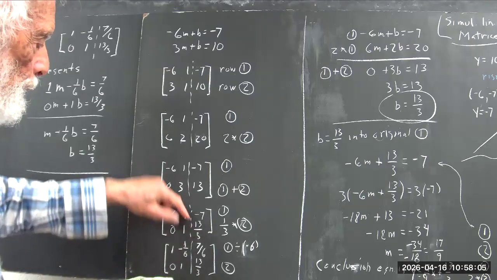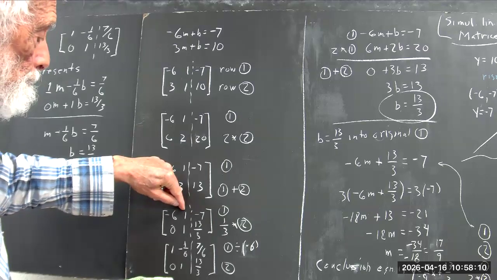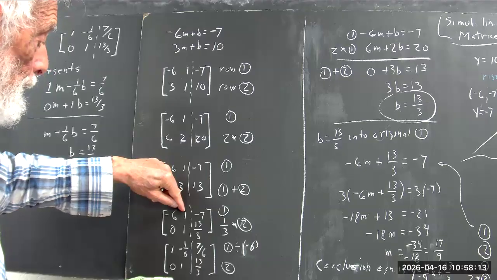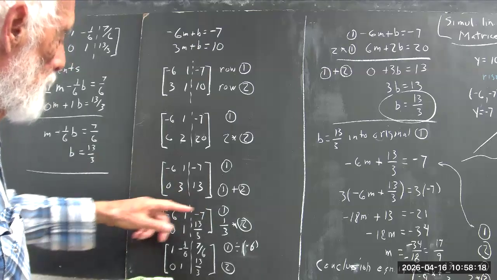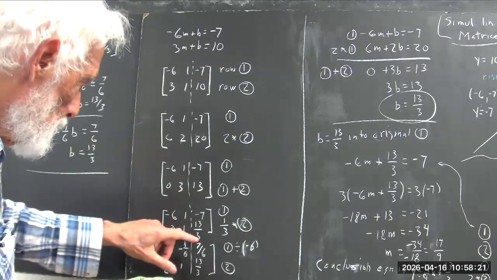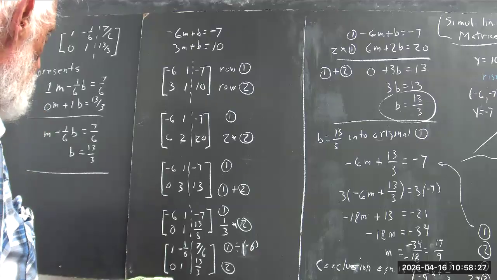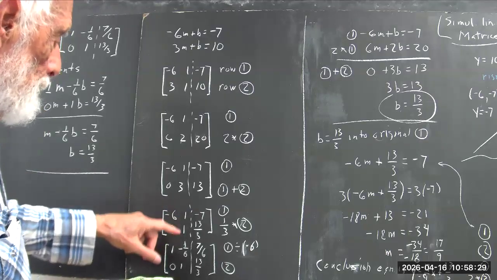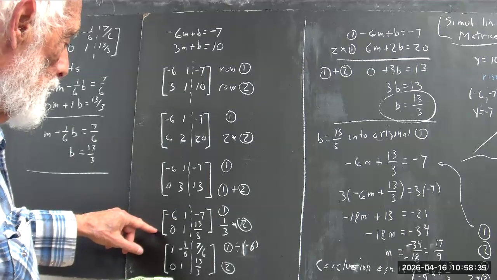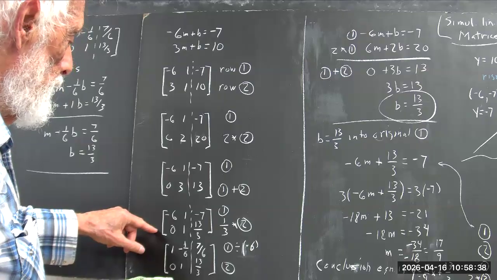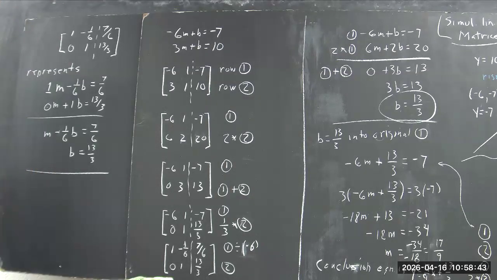I can substitute 13/3 for the b in the first equation and get it in the first row. That gets me an equation that I can immediately solve. So if I wrote my equations out at this point of this fourth matrix in the process, I would have a set of equations that I can easily solve for M and B.